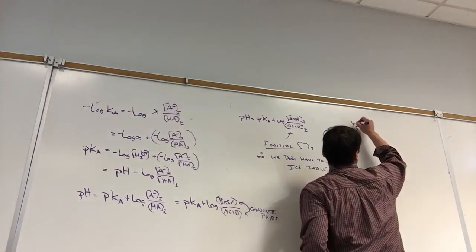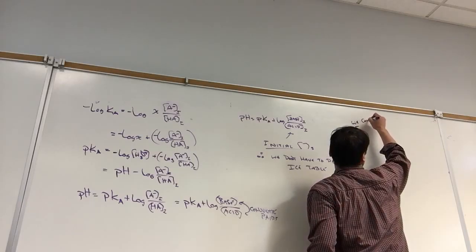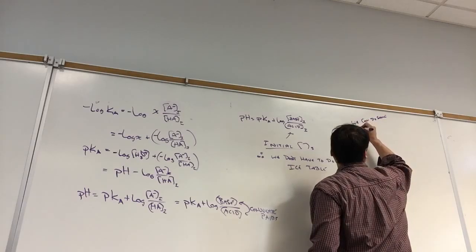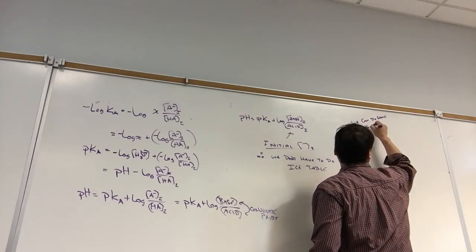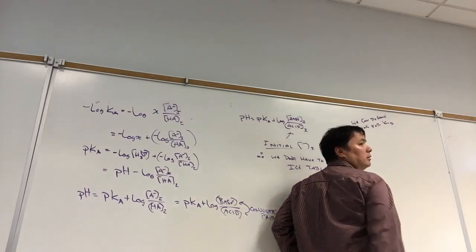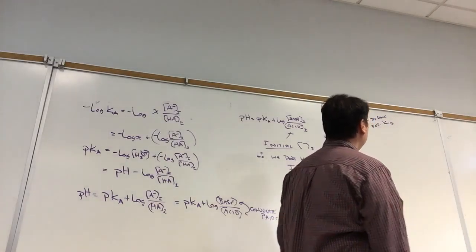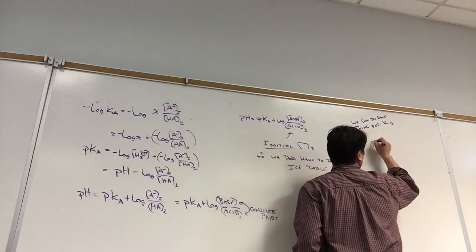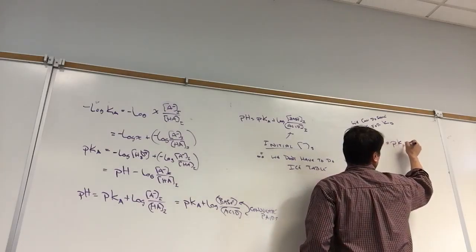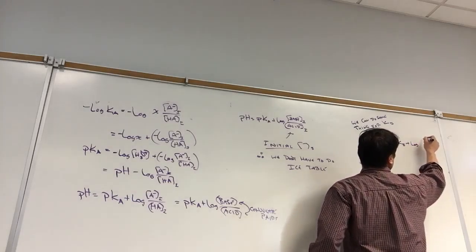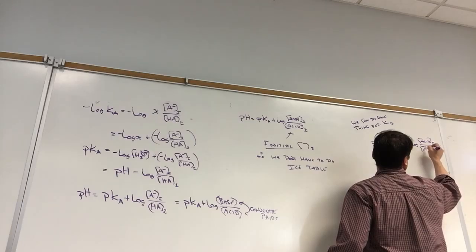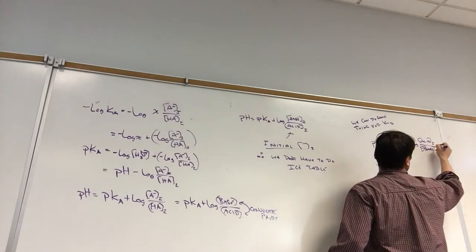We can do the same thing with Kb, but it's redundant. It's redundant because rather than pH, we're going to get the pOH. And pOH is going to equal pKb plus the log of the acid initial over the base initial.